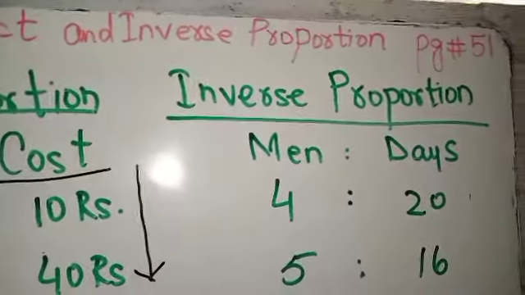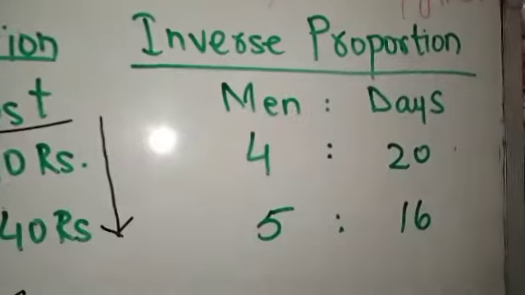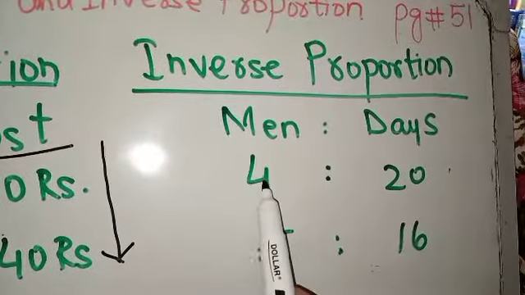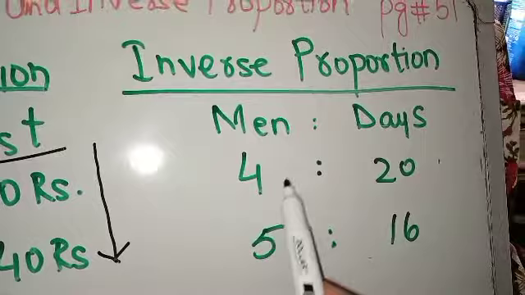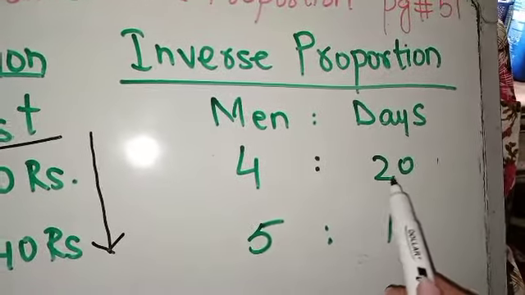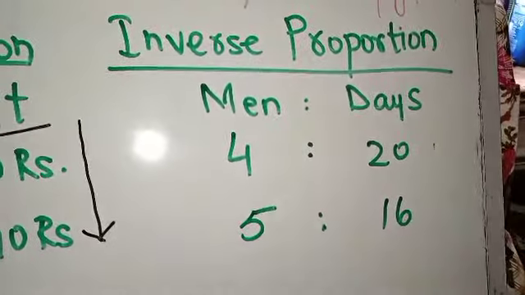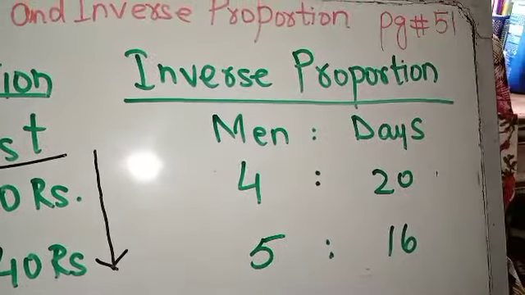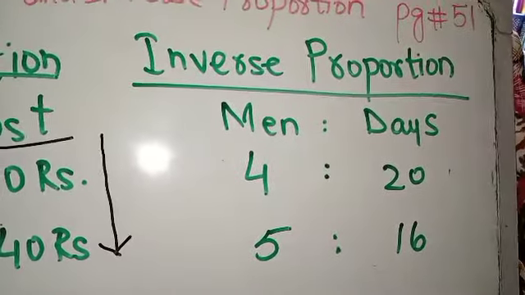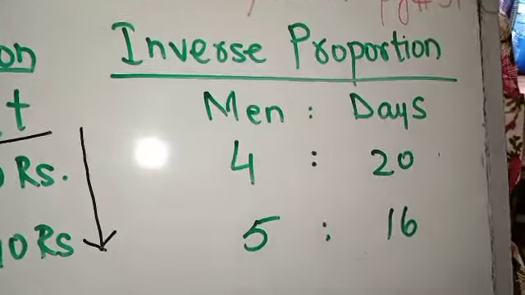Now let's look at this example. There is some certain work for which I required 4 men, and they will finish that job within 20 days. For instance, they had to paint a wall.